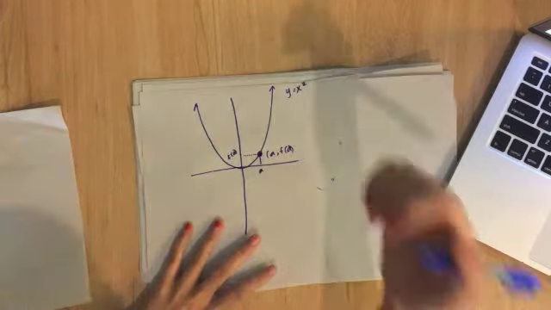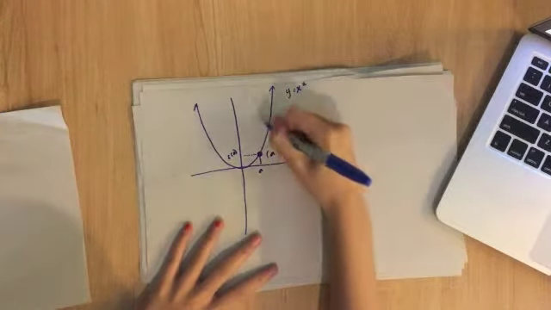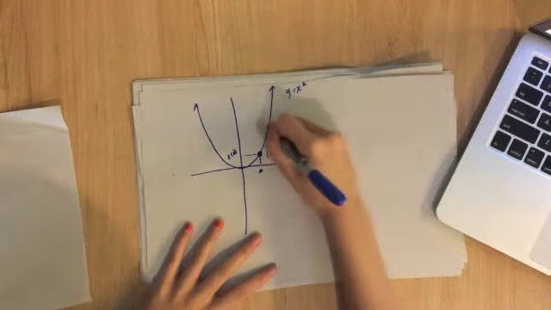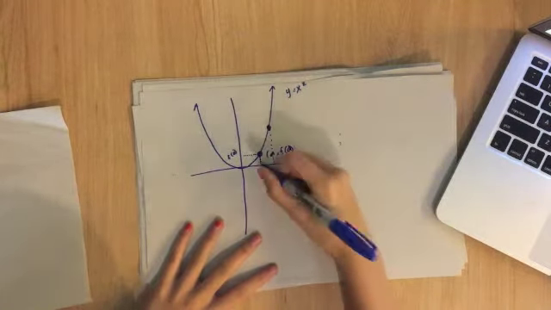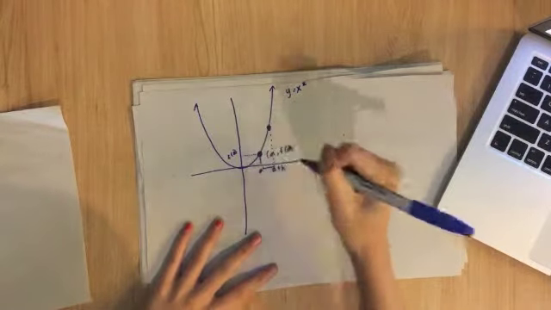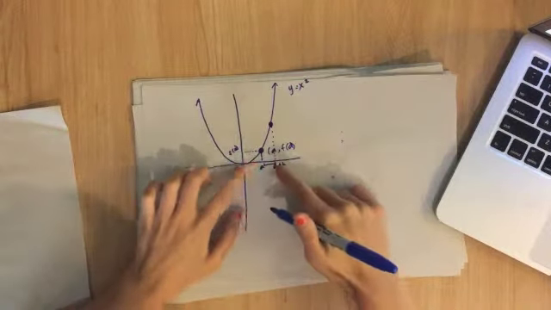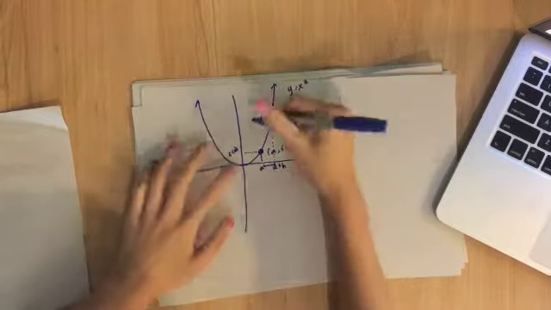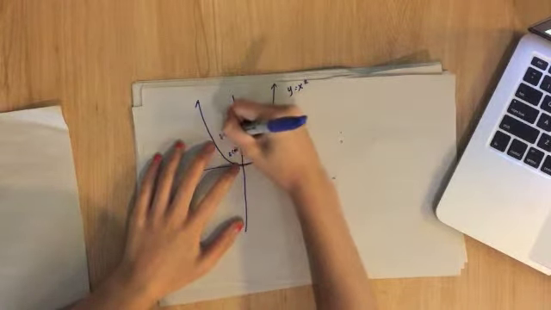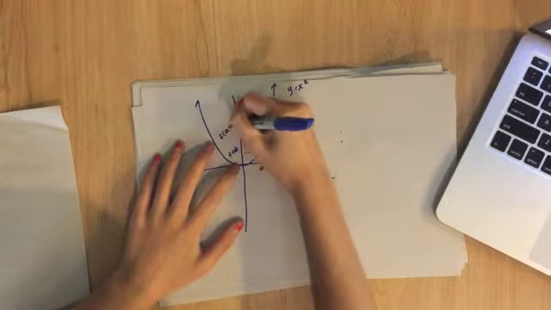And now let's draw a second point. Let's call this a plus h. Since this is h, this x-coordinate would be a plus h. So obviously this would be, yep, that's right, f of a plus h.